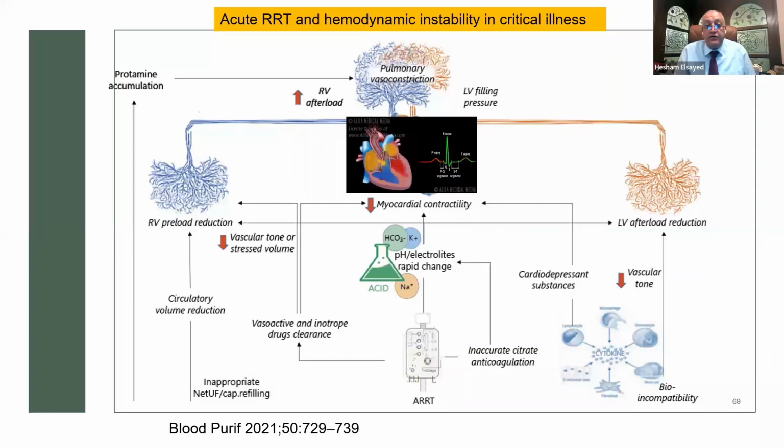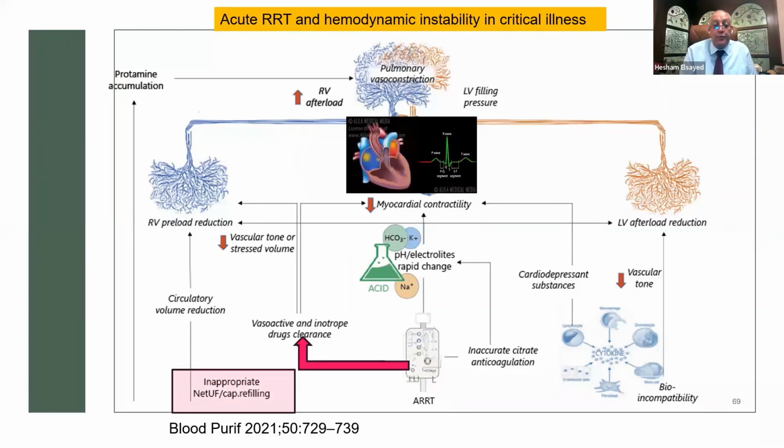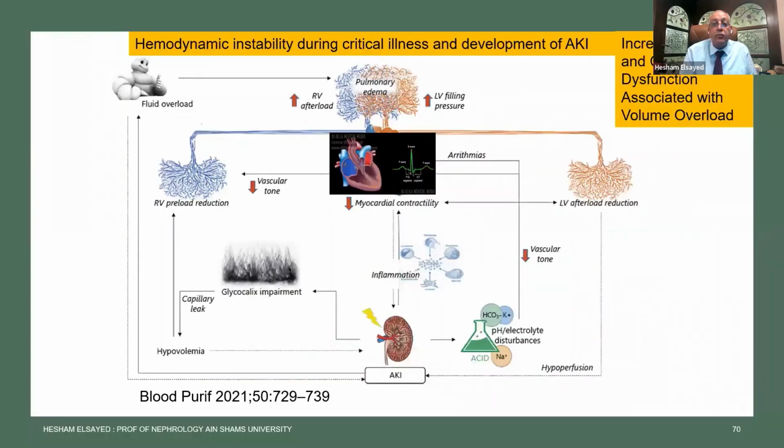However, if you are using ventilators, you may have a false high positive, which should be corrected for accuracy by lung ultrasound and others to determine the intravascular space. Hypothermia is problematic. Inappropriate ultrafiltration and refilling are also problematic. So in hemodynamic instability, you need teamwork from the ICU point of view and the renal point of view, to control electrolytes and volume and remove uremic toxins and other substances, which will improve the outcome of acute kidney injury.